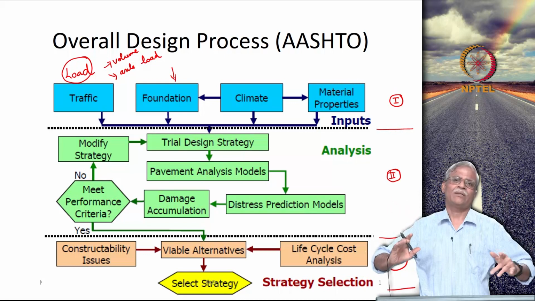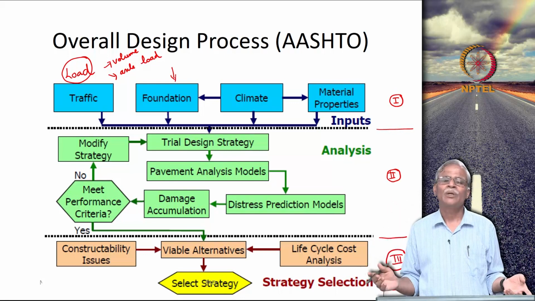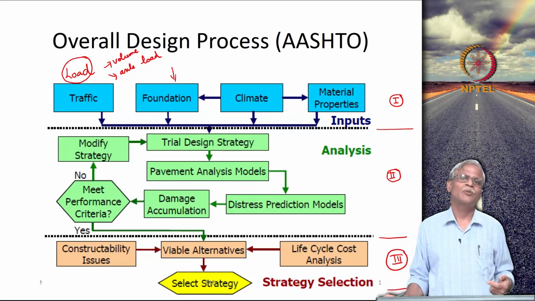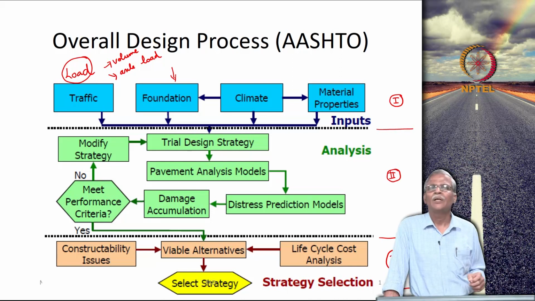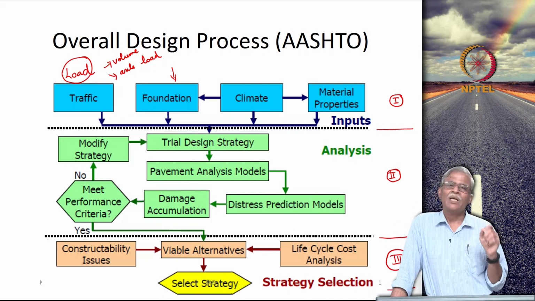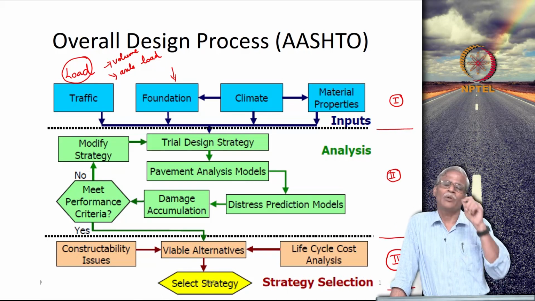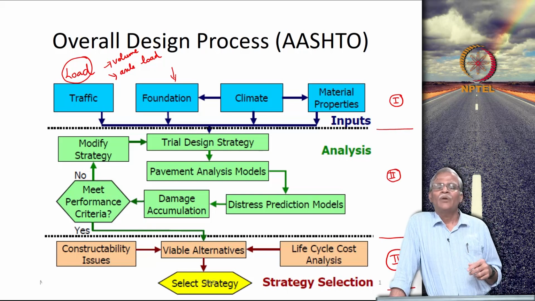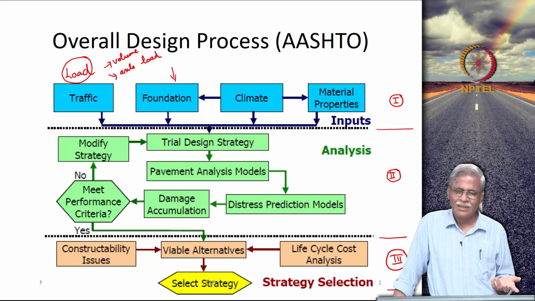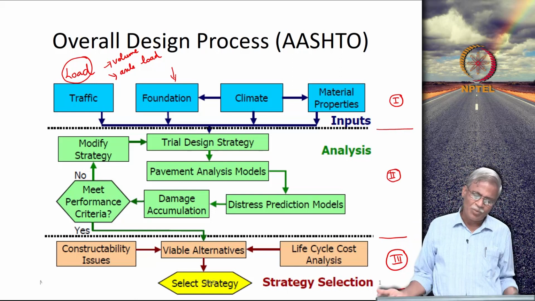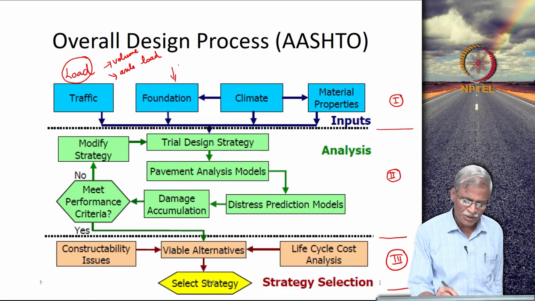The soil is the same, the road that you are going to construct has only some changes in the constitution, the layers, type of materials that you use. But since the stress analysis procedure demands modulus of subgrade reaction for concrete, you will be measuring the same for the subgrade material, but for the same subgrade material, if you are going to construct a bituminous pavement, you are going to find out some CBR, some resilient modulus or something like that. Okay. So, the most important thing is, what is the foundation?